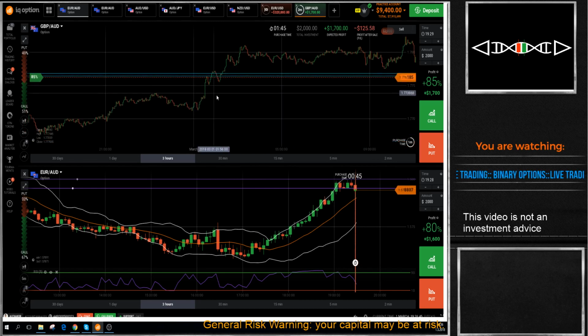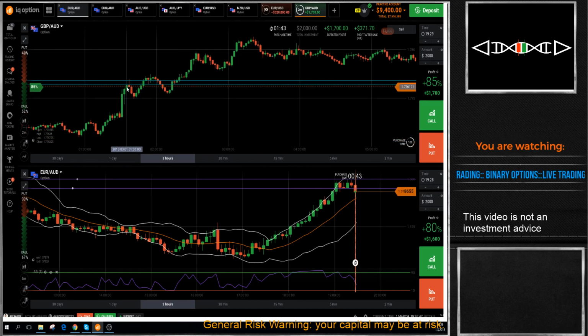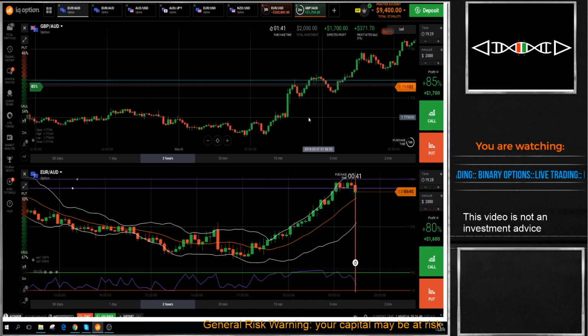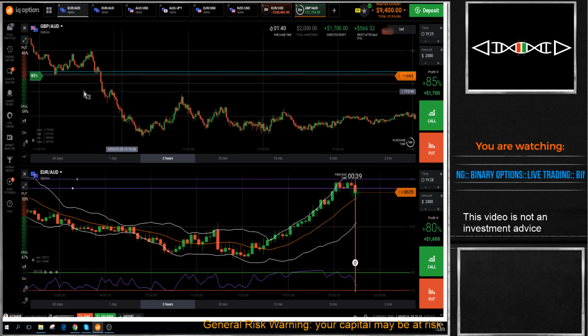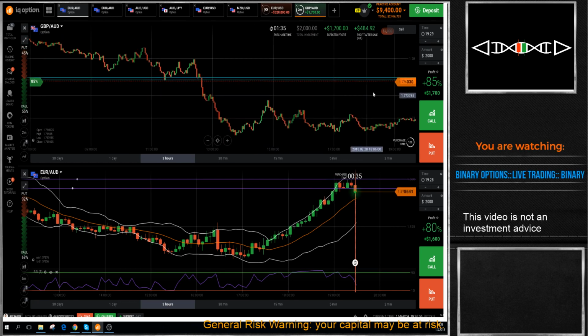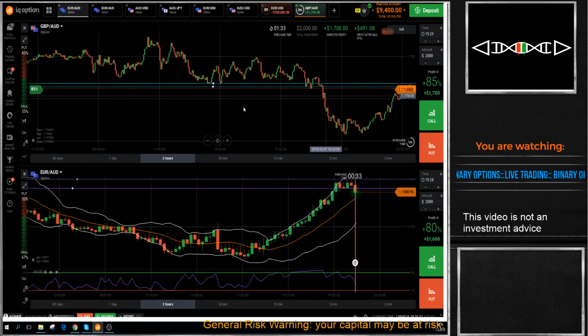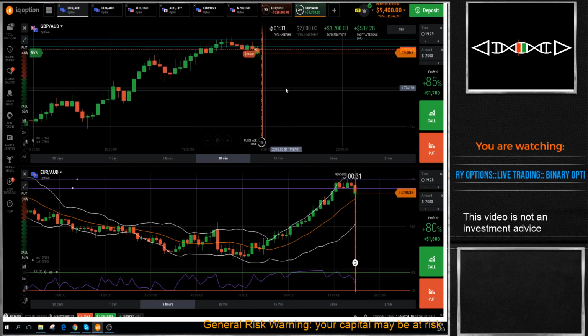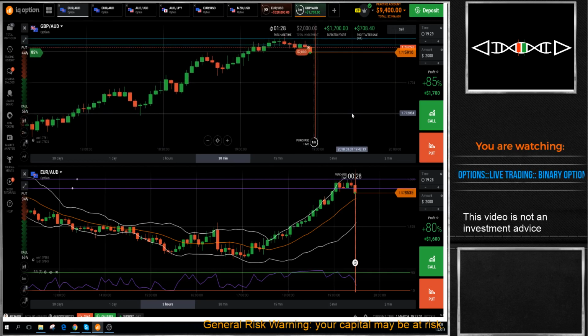When we scroll towards the past, the zone worked pretty well. Going further into the past, it's a very significant zone, so I really like this entry, and that's why I entered the trade as a put option with expiry time just over 2 minutes.